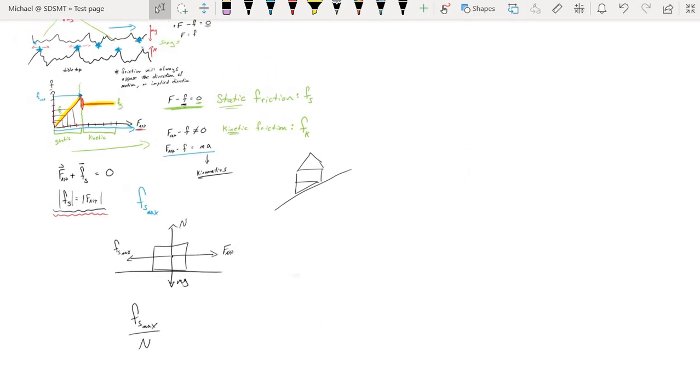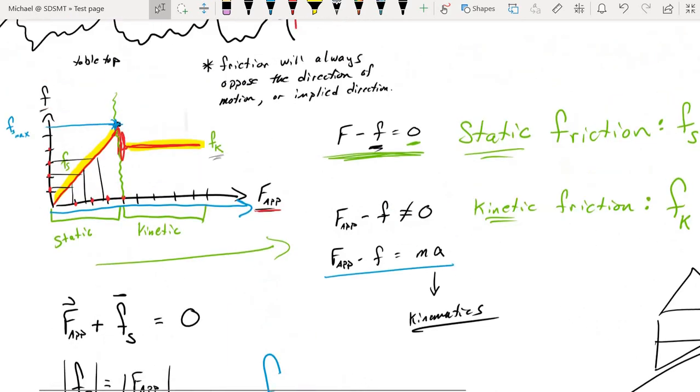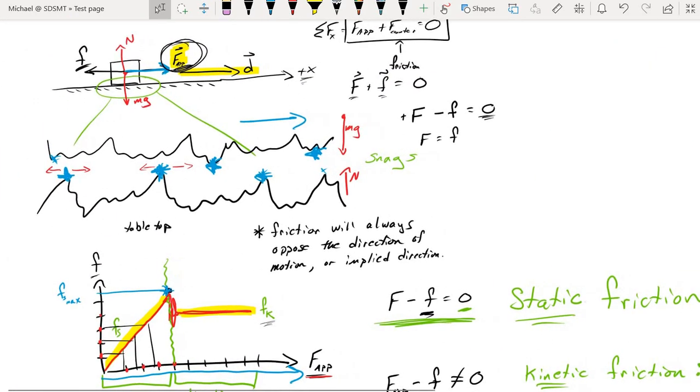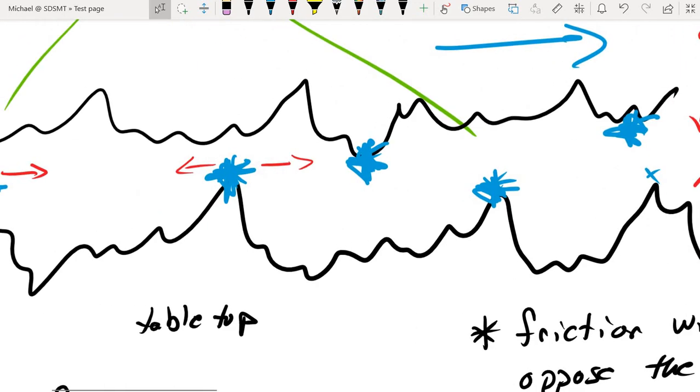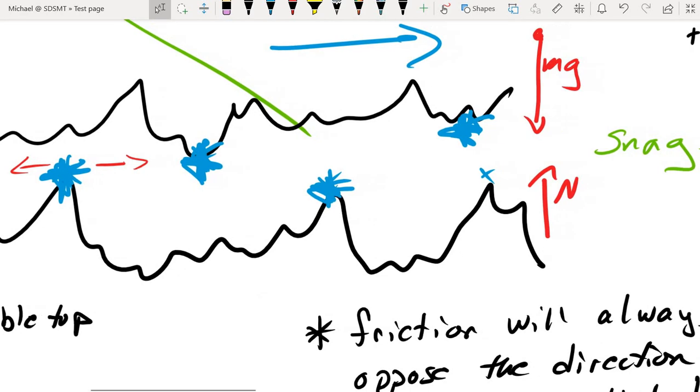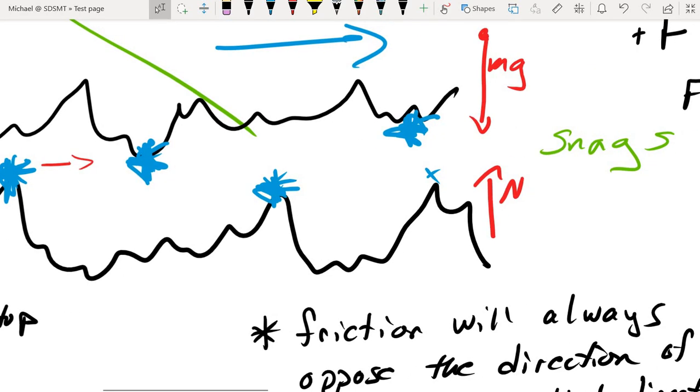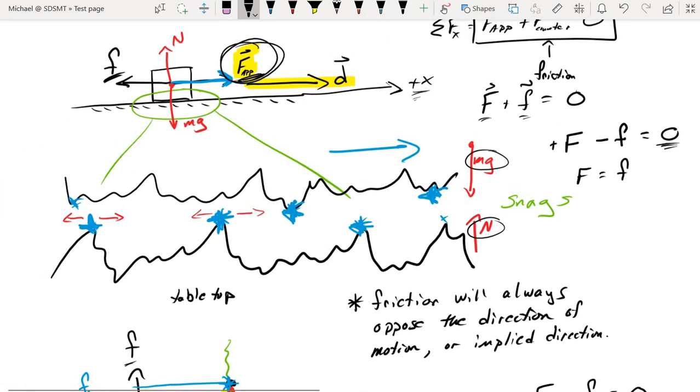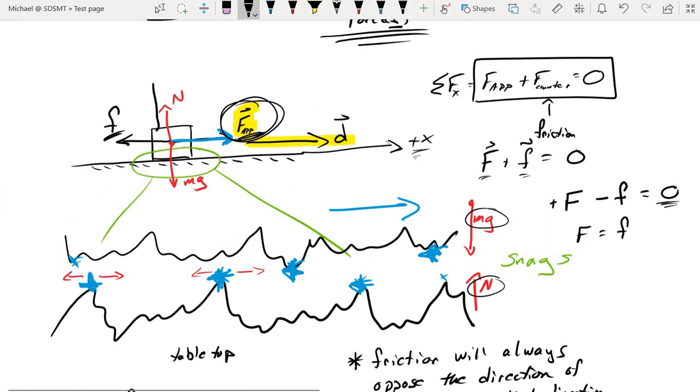If we look at the surface-to-surface interaction between this mass and the tabletop, I've got the weight of the mass pressing down on the tabletop, and so the tabletop is pushing back on the mass. Well, what would happen if I placed another mass on top of the first one?